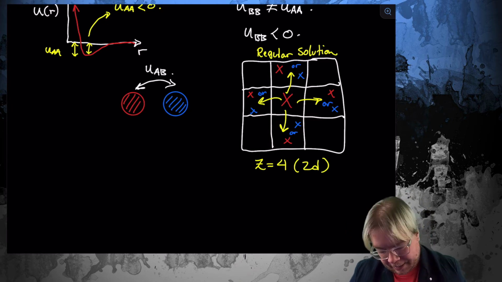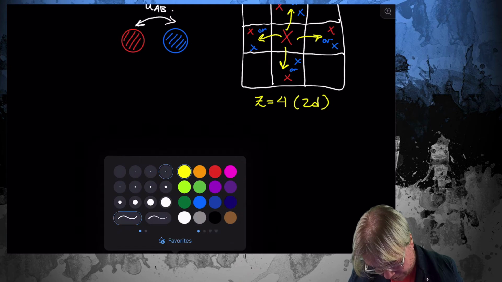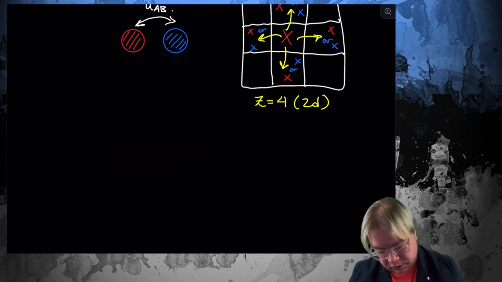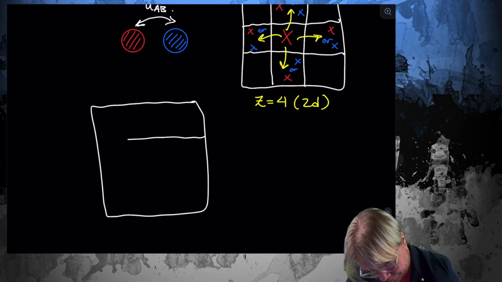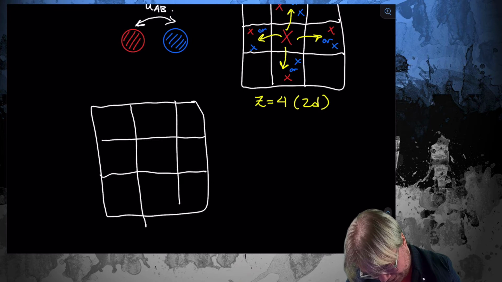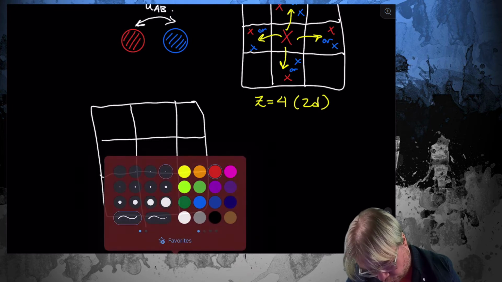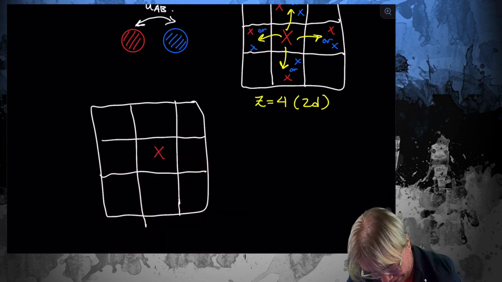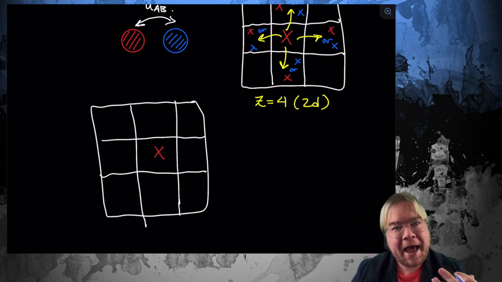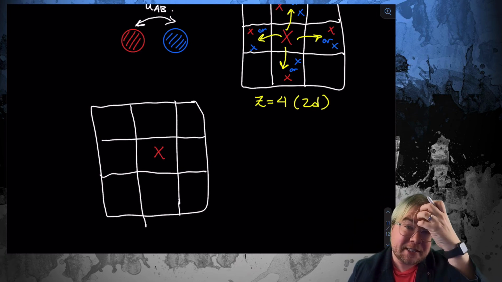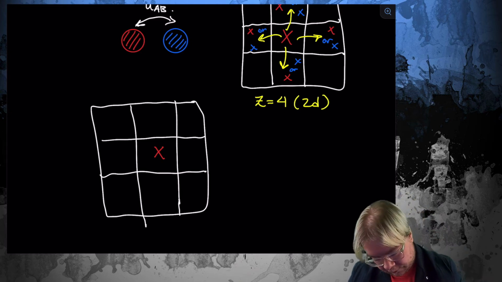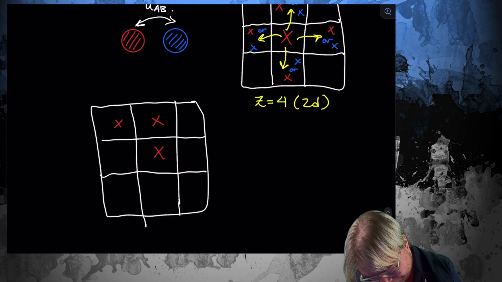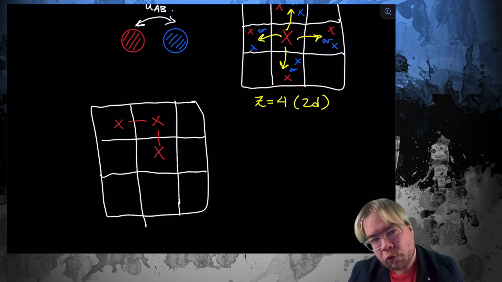The problem is that if I was looking at a polymer solution, then I still have this lattice. But the issue is that there are correlations between the particles. So if I have an A particle here, there's going to have to be an A particle in one of the adjacent sites, because all of the A monomers are covalently bound to each other. So I'm going to have some correlations like this.